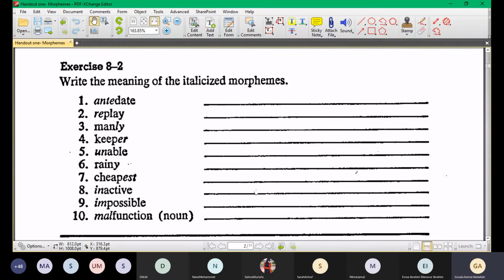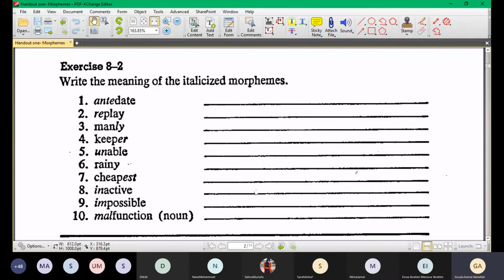Let's go on to number 4, er. If we add er to any verb, it means what? The subject of the verb. Someone. We have words like singer, teacher, actor, professor, author. Yes, it means the agent, the doer, the one who performs.